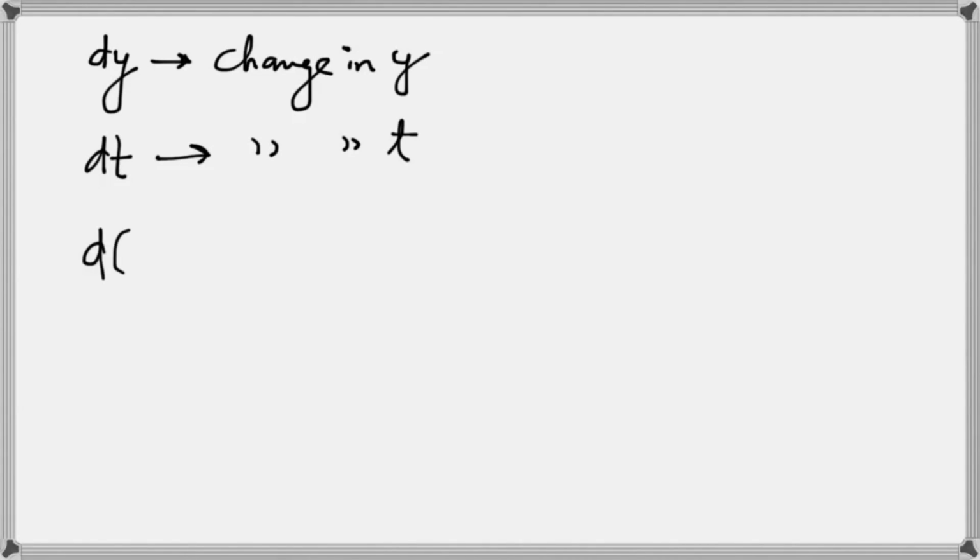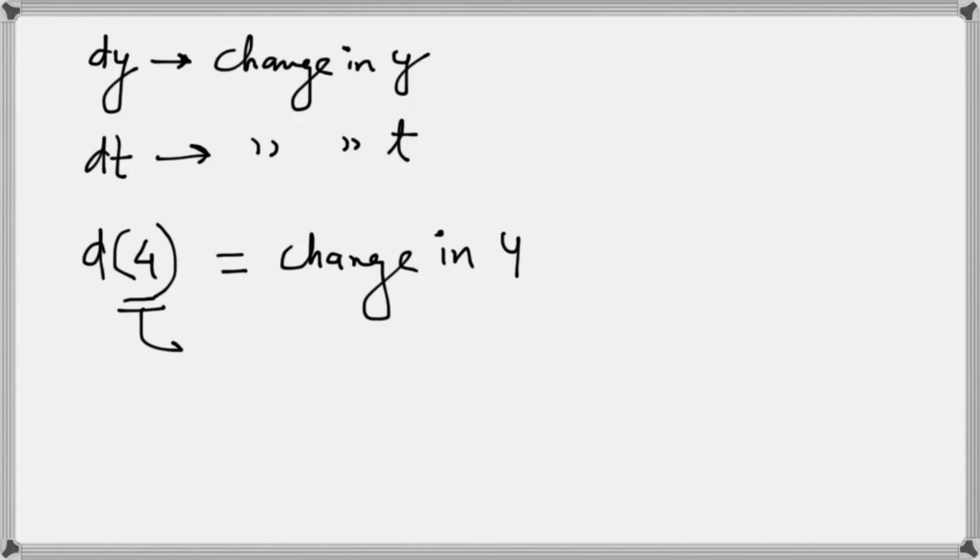What if I write d of 4? That means change in 4. But 4 is a constant, right? And constants do not change. Therefore, what is the change in something that will not change?